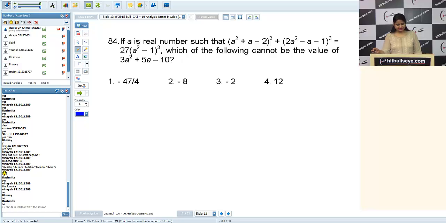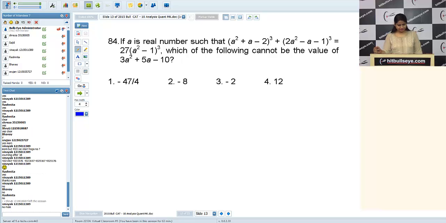Any problem in this? In this paper we have many questions on algebra and they were very difficult. Okay guys, let us move then.